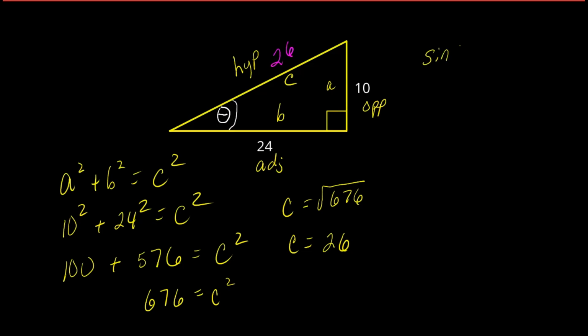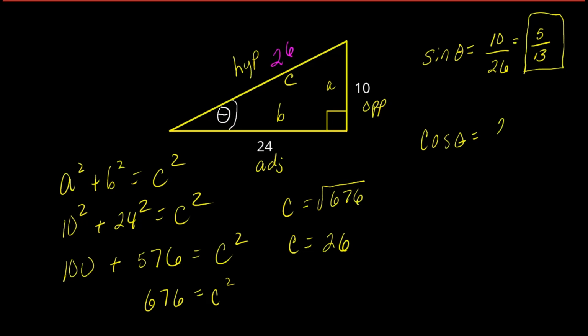So the sine of theta is going to equal opposite over hypotenuse. The opposite side is 10, the hypotenuse is 26. This will reduce down to 5 over 13. Cosine of theta is equal to adjacent over hypotenuse.